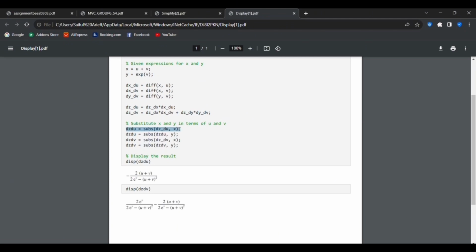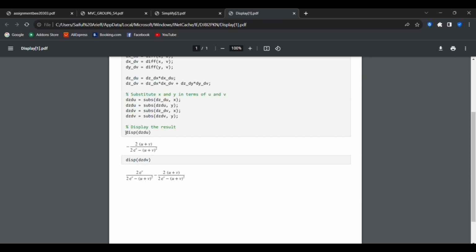So we first write down the substitution of x and y. The displayed result is negative 2(u plus v) divided by 2 exponent v minus (u plus v) squared. And then the display for dz/dv, which is 2 exponent v over 2 exponent v minus (u plus v) squared, minus 2(u plus v) over 2 exponent v minus (u plus v) squared.